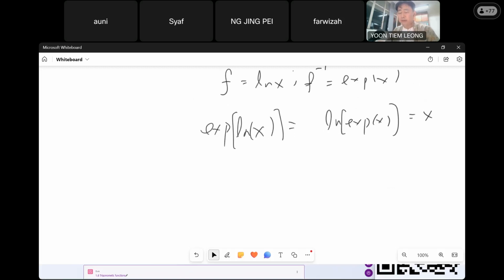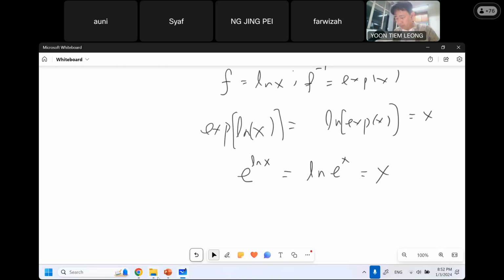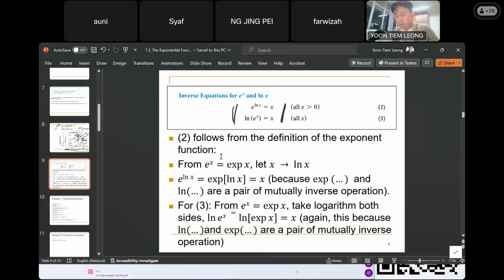When you write this in a more explicit form, e raised to the power of ln x, or ln of e raised to the power of x, both are equal to x.